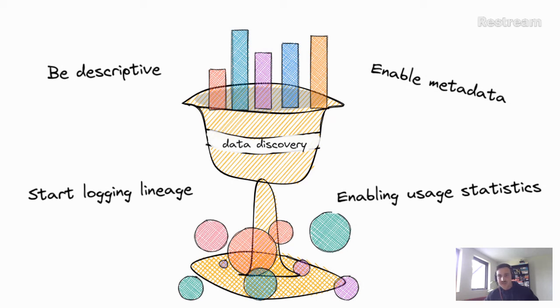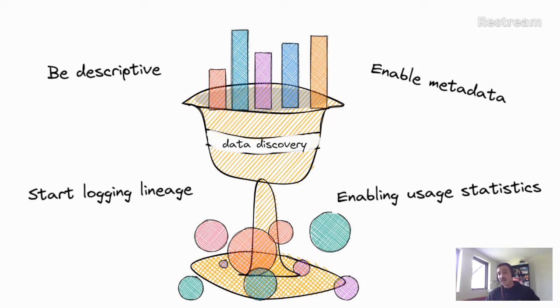Start logging lineage. We want to be able to answer the question, why is data the way it is? Why is data a certain way now, and which steps did it take to reach that state? You want to be able to answer this question as well. So log lineage, and there are multiple ways of doing that.